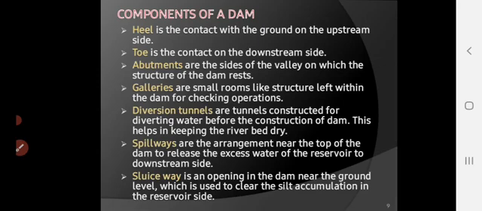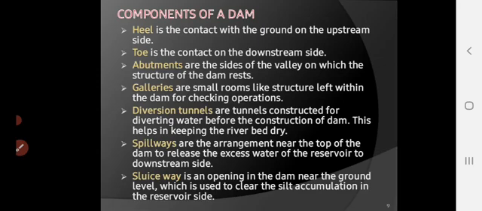Diversion tunnels are the tunnels constructed for diverting water before the construction of the dam. This helps in keeping the river bed dry. So diversion tunnels are a different structure apart from the dam structure. Spillways are the arrangement near the top of the dam to release the excess water that we have already discussed.